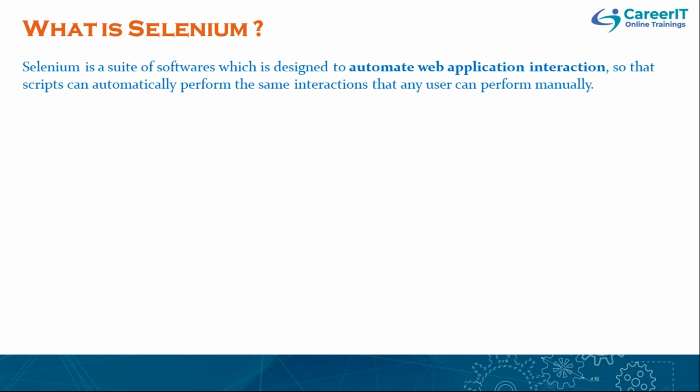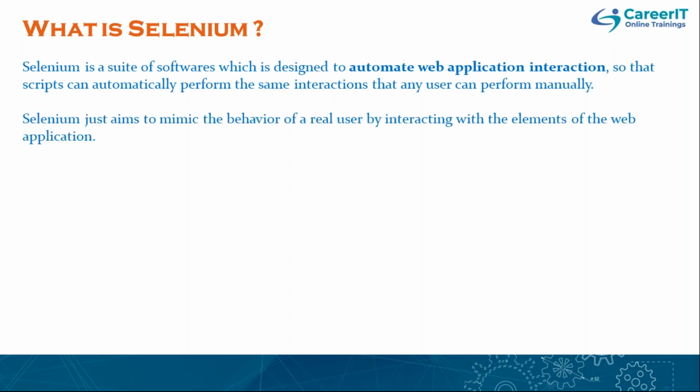In the same manner, our Selenium scripts will work and automatically perform the same actions. Selenium is a simple tool mainly designed for automating web application interactions, and it aims to mimic the behavior of a real user, like clicking on a button, as in the examples I have given.